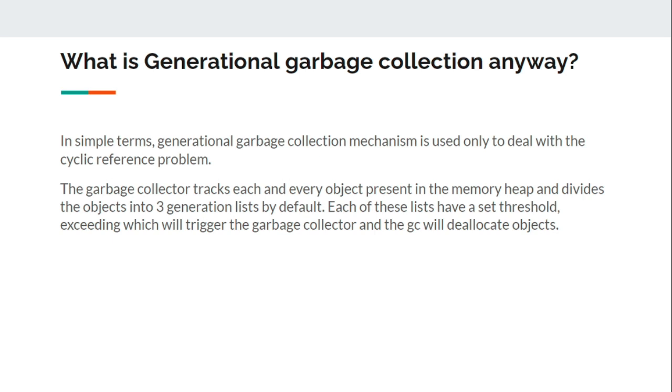The garbage collector tracks each and every object that is present in the memory heap and divides the objects into 3 buckets or 3 lists, and each of these lists has a certain threshold. So imagine it as a bucket.